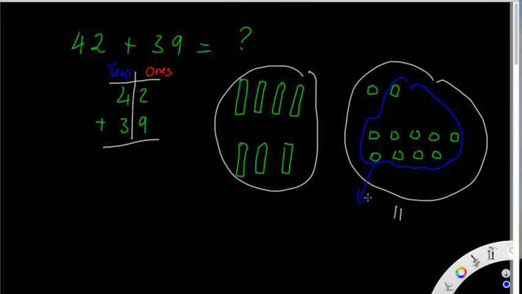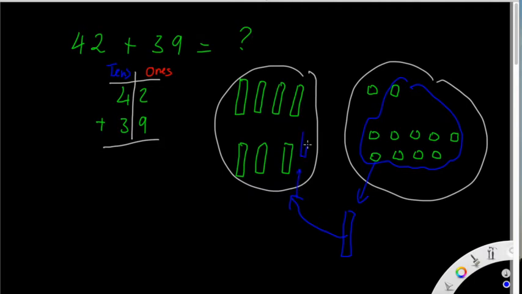This will make a ten because 10 ones make a ten. Can I leave the ten in the ones place? No, I can't. I have to move the ten to the tens place over here. So I'm gonna move it here.